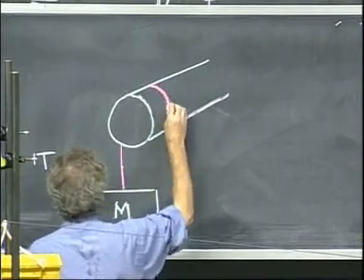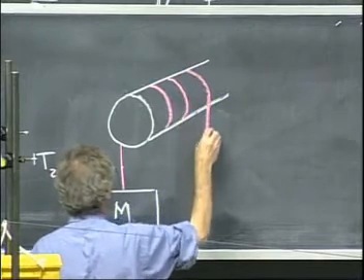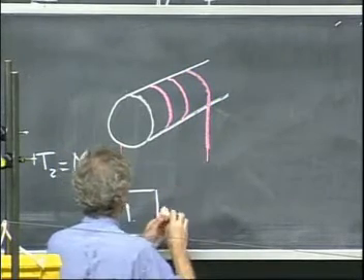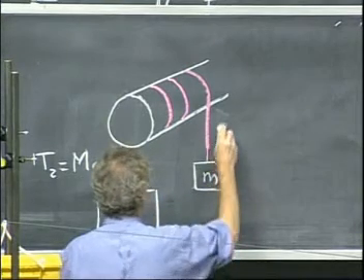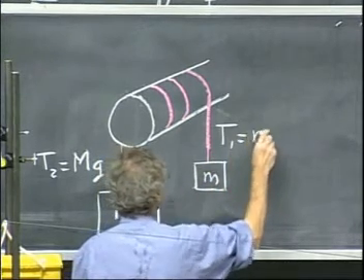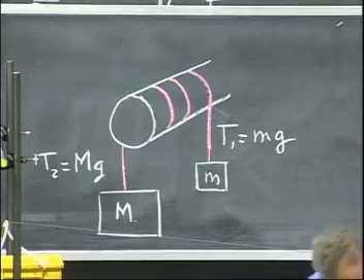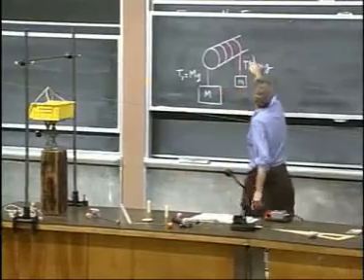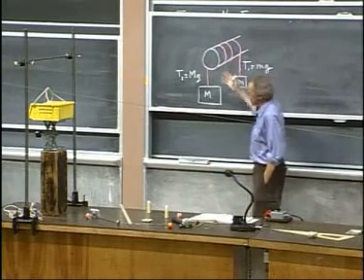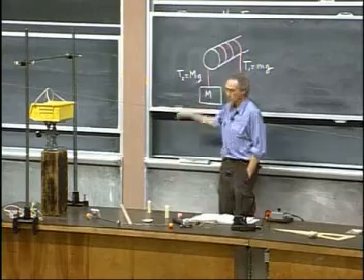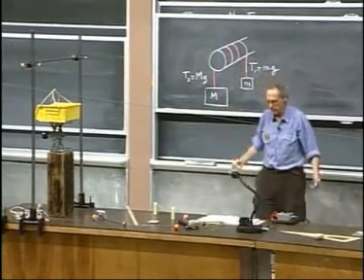I wrap this rope around here several times, and here I hang an object which is substantially less in mass, little m, and the tension equals mg. If there is no friction at all in this bar, and the rope is near massless, then T1 will be the same as T2, so the situation will start to accelerate.